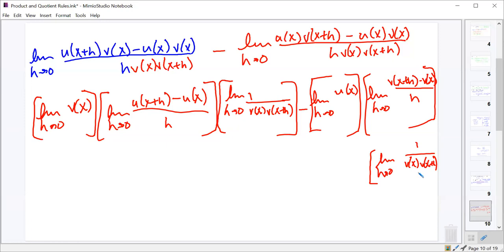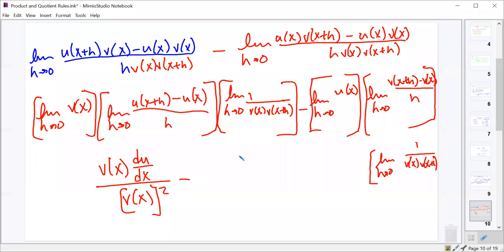Okay. So what's the limit as h approaches 0 of v of x? V of x. Okay. So we got v of x, and what's this one? This one is the derivative of u. And what's this one? One over v of x squared. Right, and so let's just put the v of x squared in the denominator.